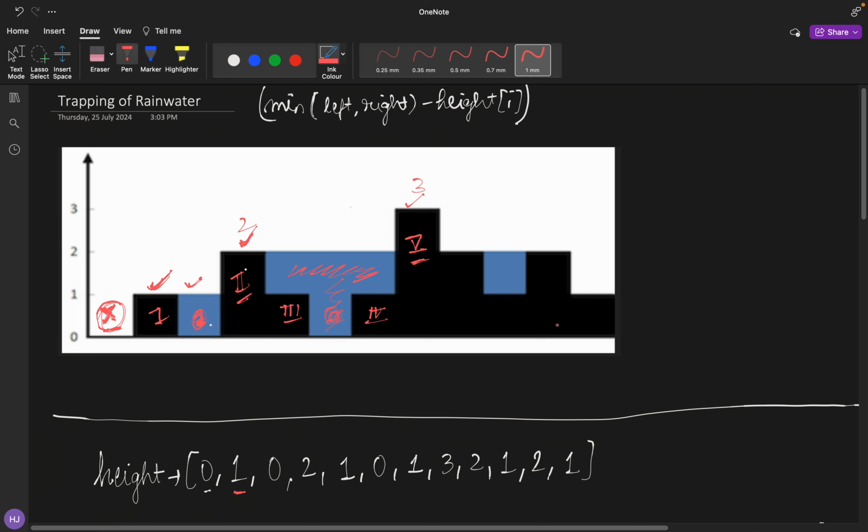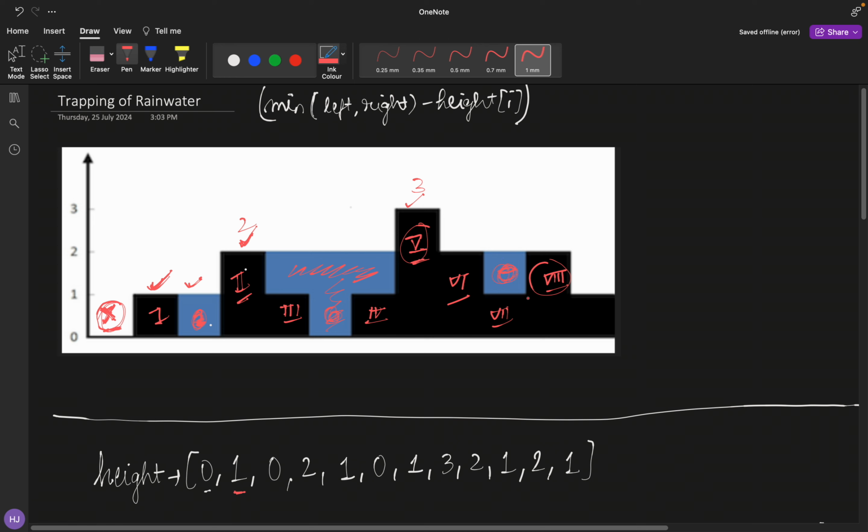Fair enough. So now let's move further, talking about building number 6, and let's call the next ones building 7 and building 8. What we can see is that there exists a good difference between building 5 and building 8, so we can easily hold water in this segment.